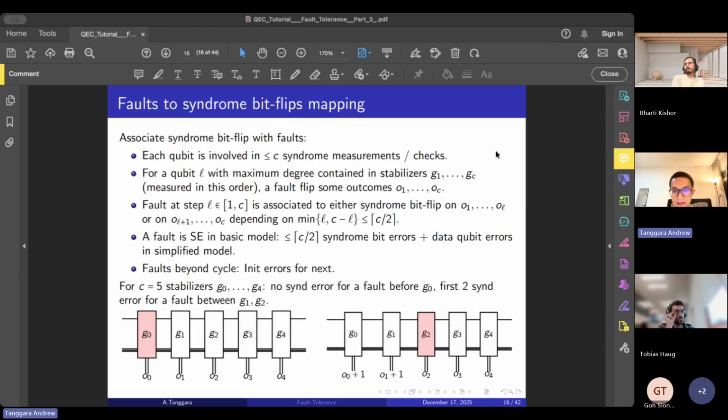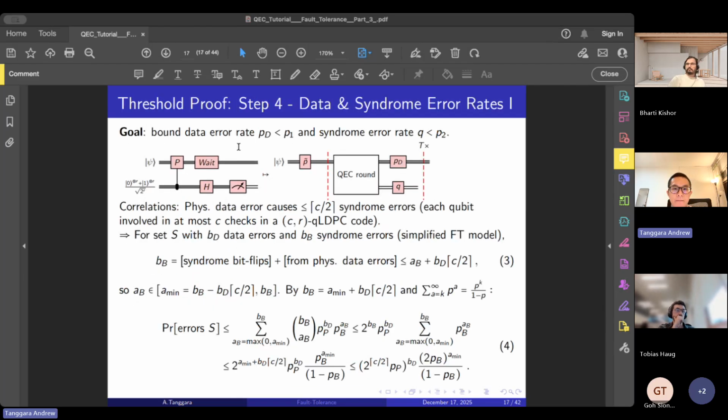We need to use that in the next step to count the bit flip errors. This is basically what I showed you in the previous slide: each physical error inside this syndrome extraction circuit can cause at most C over 2 errors.